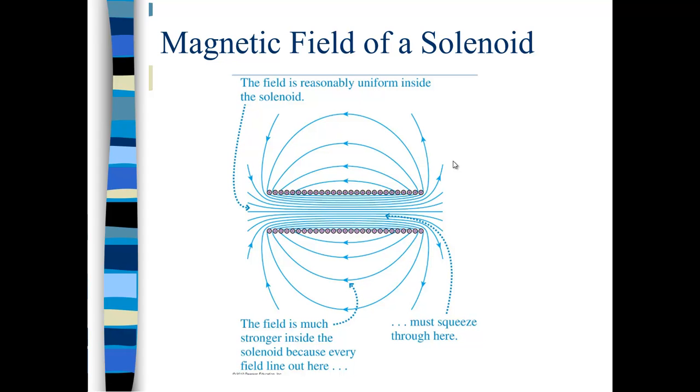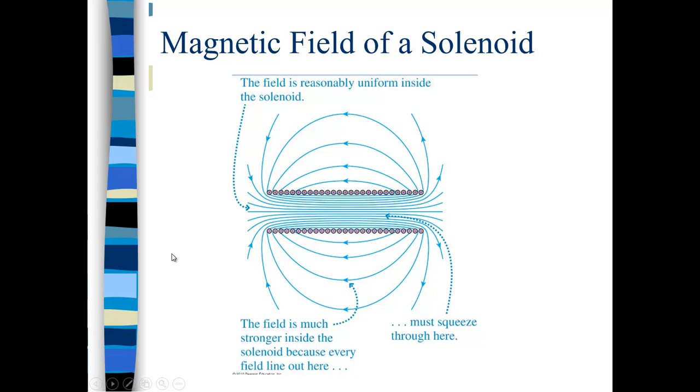Because we have so many loops of the wire, we can assume that the magnetic field is really strong and uniform, especially towards the middle of the coil itself. The magnetic field inside the coil is moving from left to right, and so that's going to induce a very, very strong magnetic force.